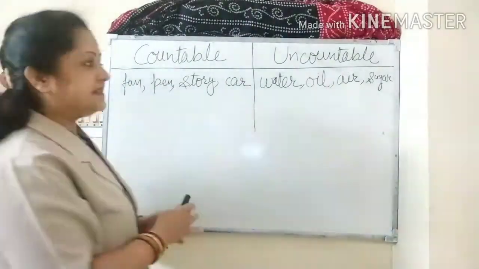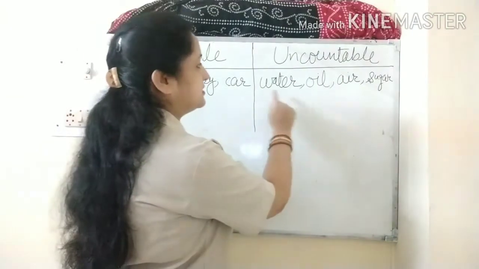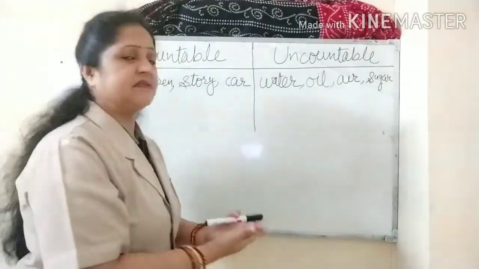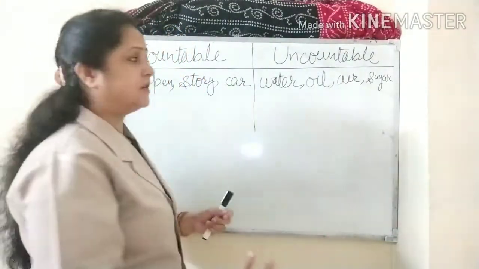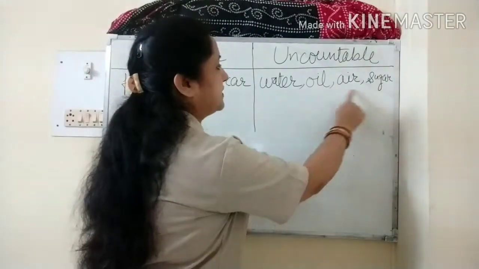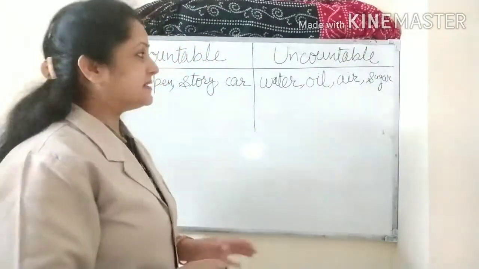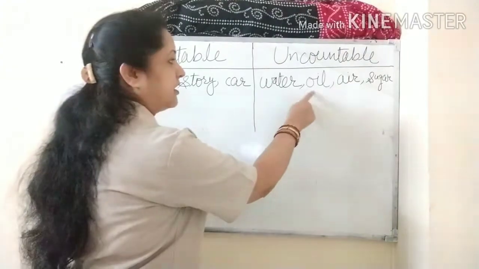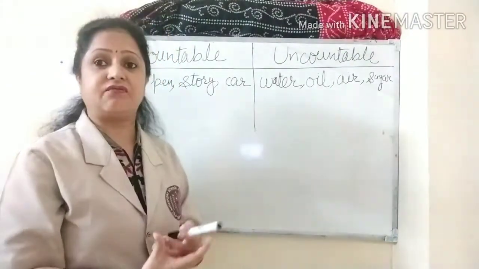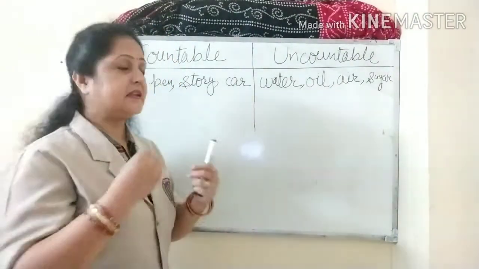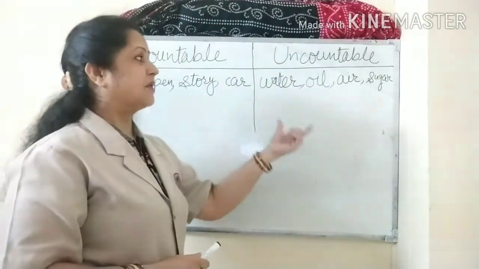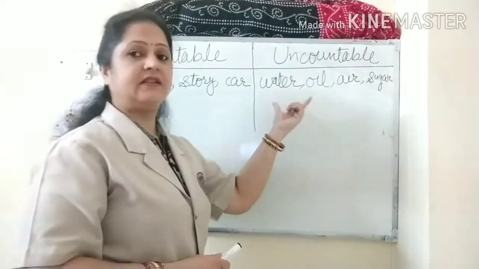Whereas by seeing these uncountable nouns, anybody can tell that it is difficult to count them. Water and oil are both in liquid state, and it is very difficult to count a liquid.